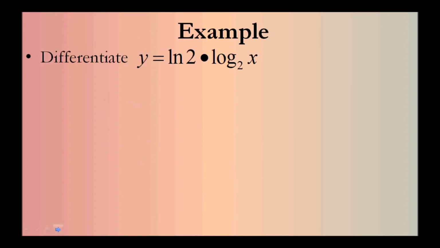Differentiate y is equal to natural log of 2 times log base 2 of x. So y prime is equal to natural log of 2 times 1 over, if we say 2 is a and x is u, so 1 over ulna, x natural log of a, so 2.